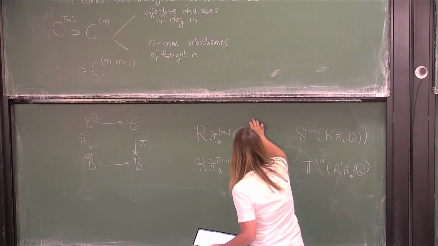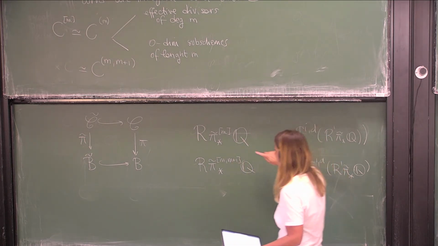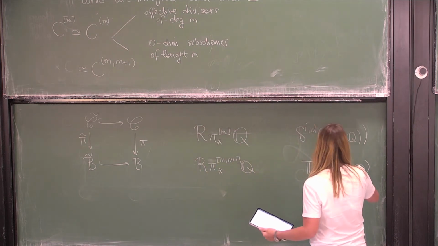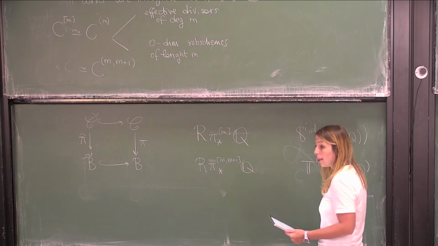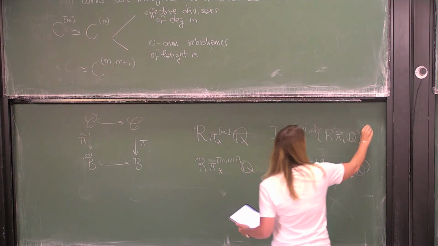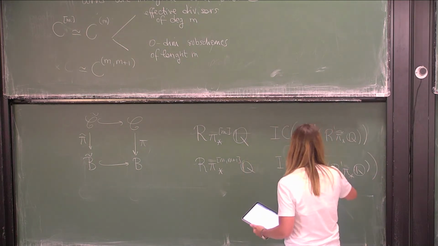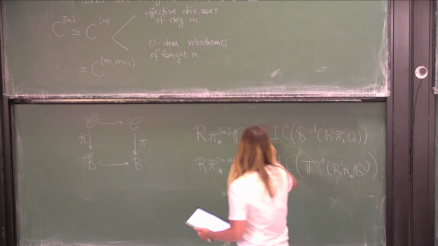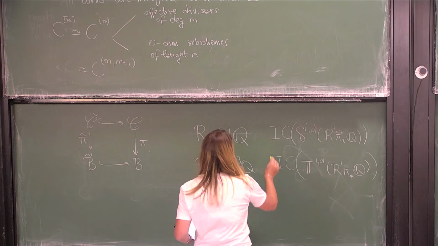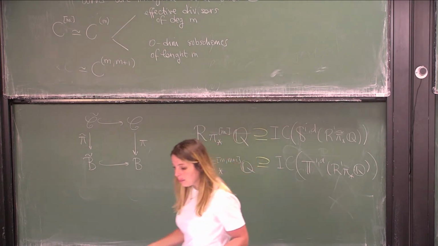So indeed, if we want to extend this picture to the whole family, so to take out the tilde here, what will appear is the so-called intersection complex associated to this local system. And here, instead of having an equality, we will have a proper inclusion. What do I mean by that?